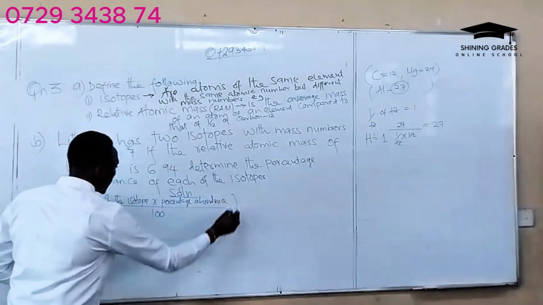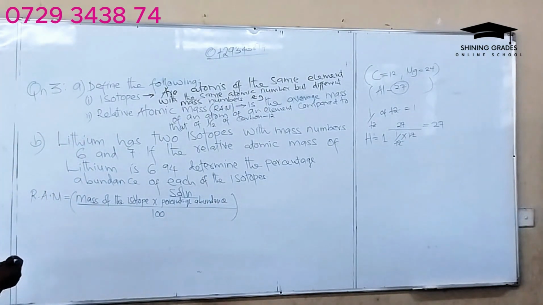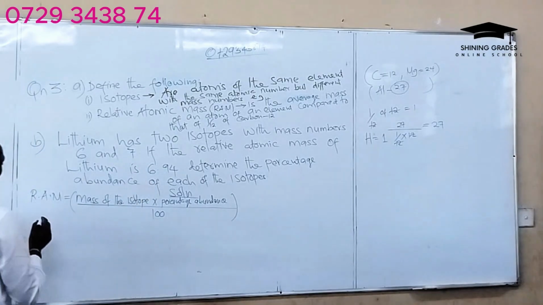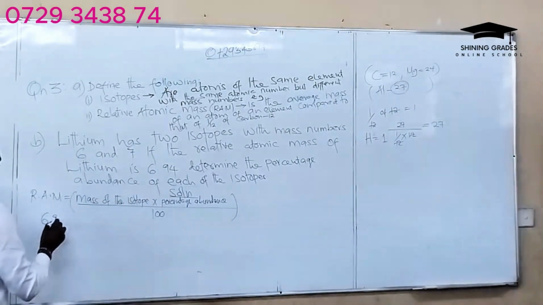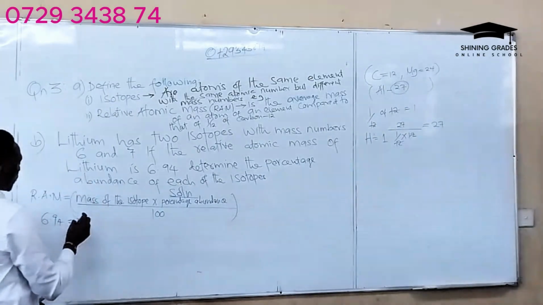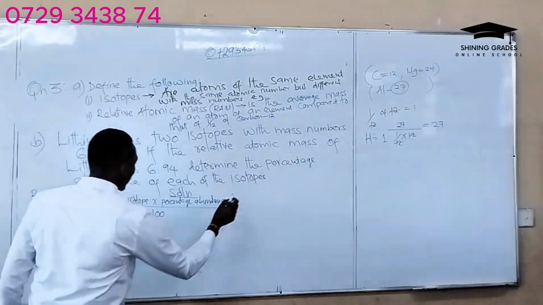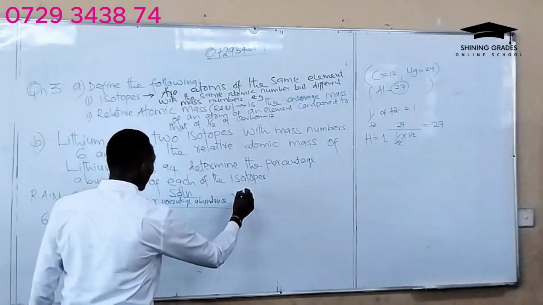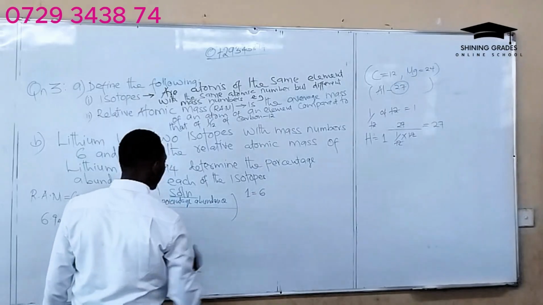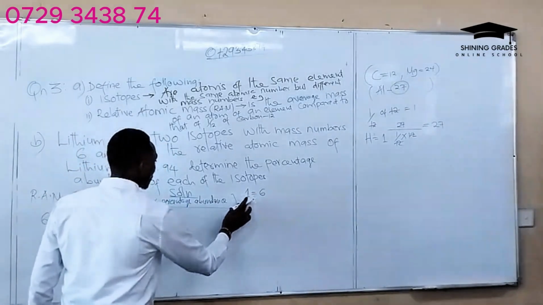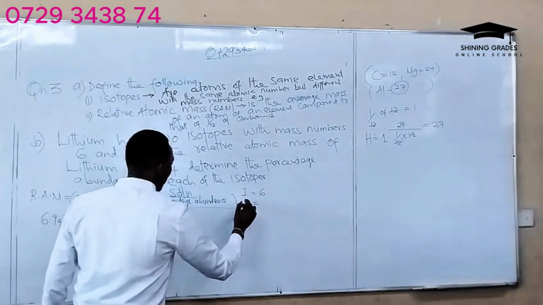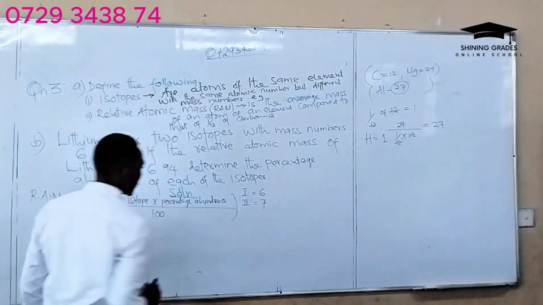So in this case, using this formula from our question, we are provided with the mass numbers. So the 6.94 is equal to the mass of the isotope. Let me call it isotope 1. Mass of isotope 1 as 6 and mass of isotope 2 as 7.